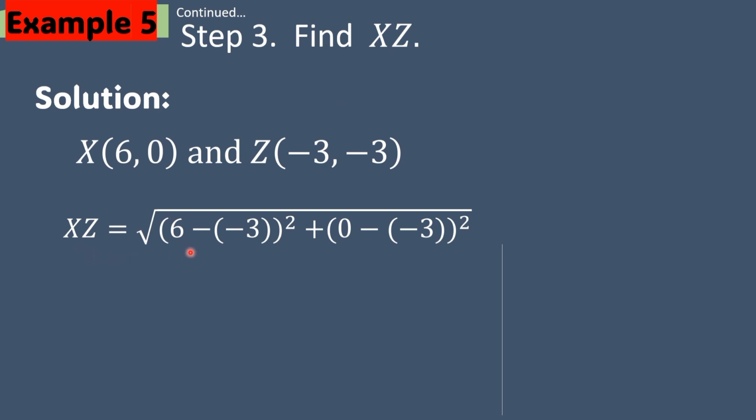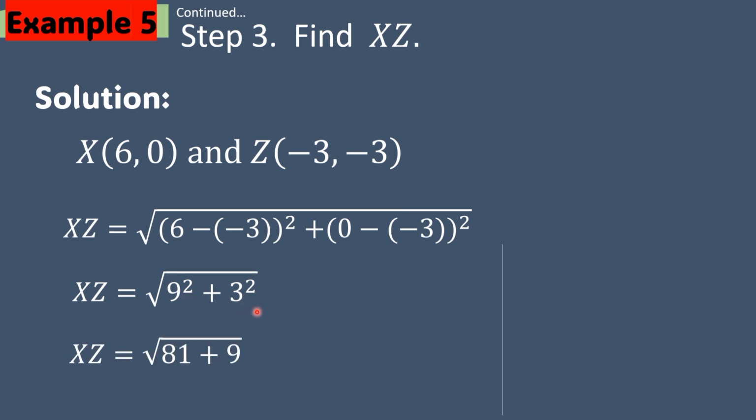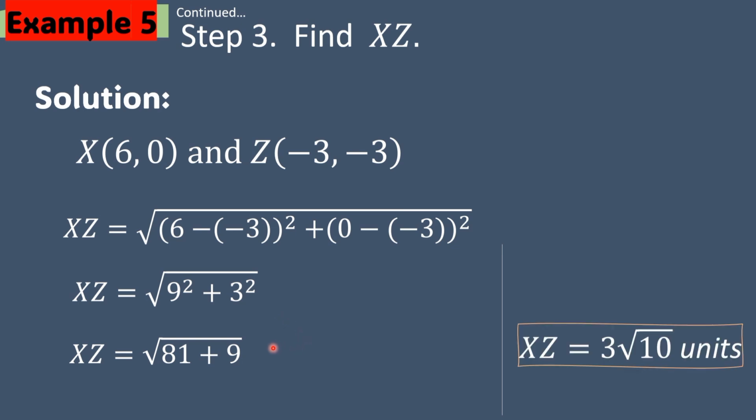XZ then is equal to the square root of 6 minus negative 3 quantity squared plus 0 minus negative 3 quantity squared, which is equal to the square root of 9 squared plus 3 squared, which is equal to the square root of 81 plus 9. Therefore, the distance XZ is equal to 3 square root of 10 units.